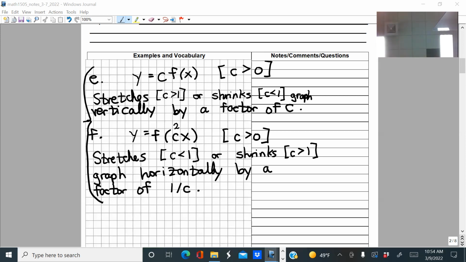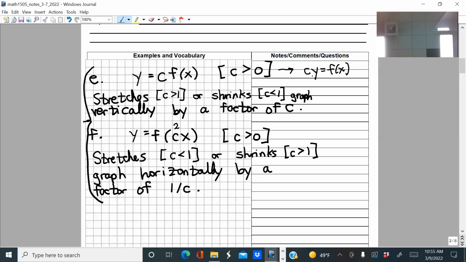So really, this type of stretch is really the same as this. So my point is, it's easy to understand this last type of transformation.